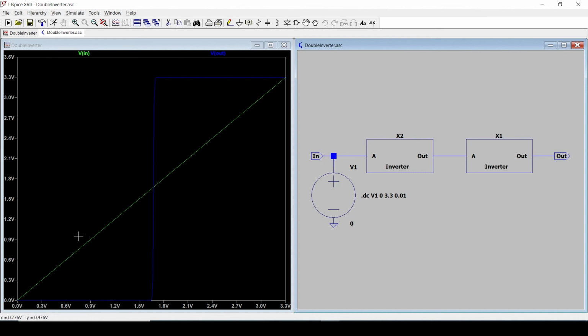Unlike these two equilibrium points though, this one is not stable. At this point here, even if we add some noise, by the time the noise goes through these two inverters, the output is going to be pulled down to almost 0 volts.